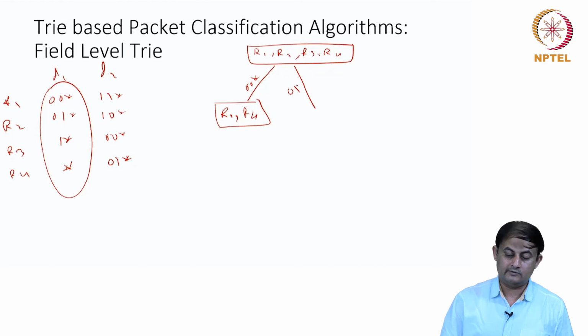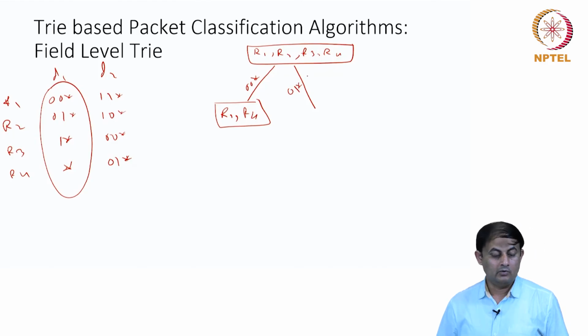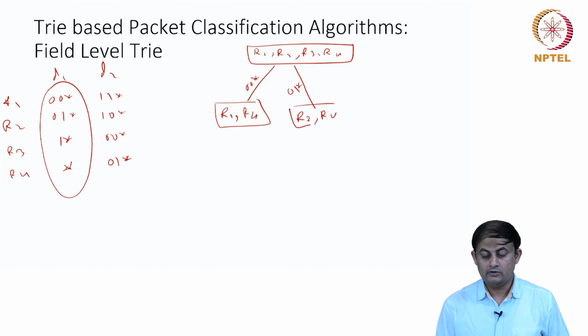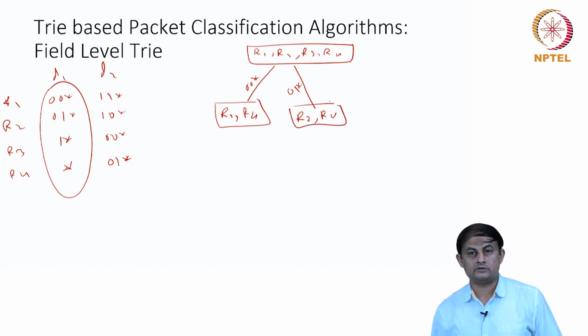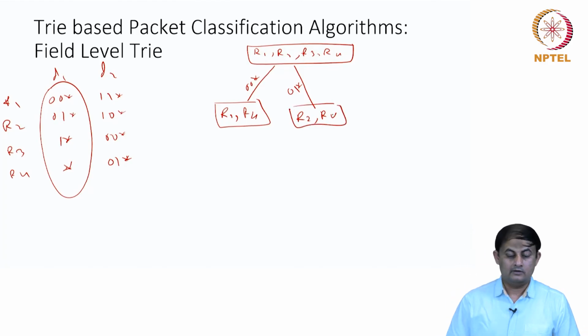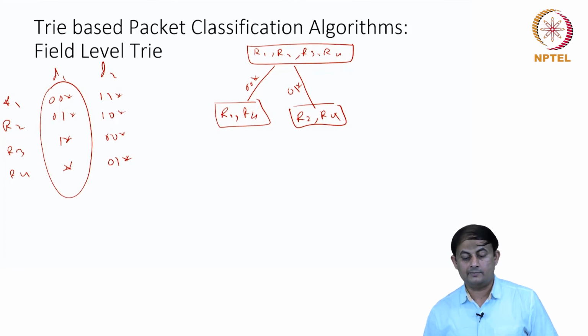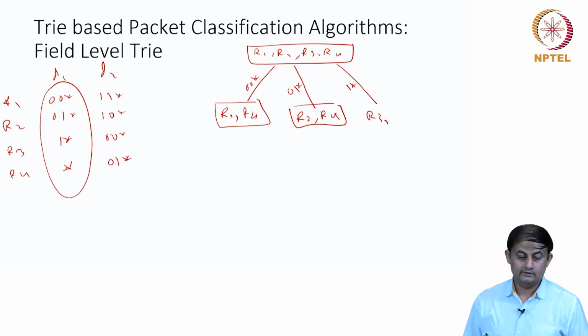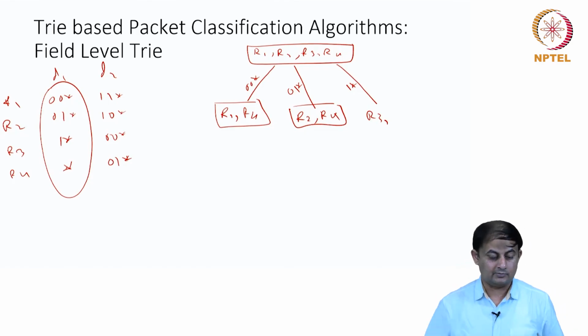On the prefix 0 1 star, what are the potential candidate rules applicable? R2 is one candidate, obviously, and so is R4, because star is a superset of 0 1 star, so that is still applicable. And I continue doing this. On 1 star, you have R3, and 1 star is not a superset of R1 and R2, no question of that.